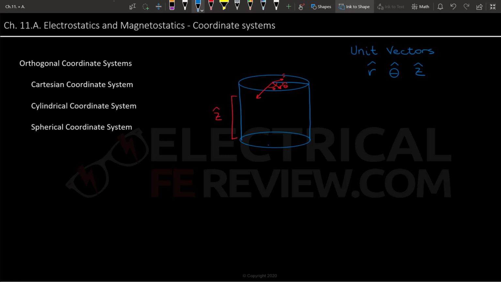So a vector in vector form for the cylindrical coordinate system will just be r hat, theta hat, and z hat. And again, these can also be functions, so be careful with that. We will also look into how it'll affect all the calculations that we've been doing and that we will do.